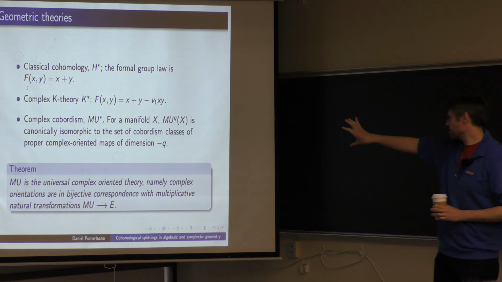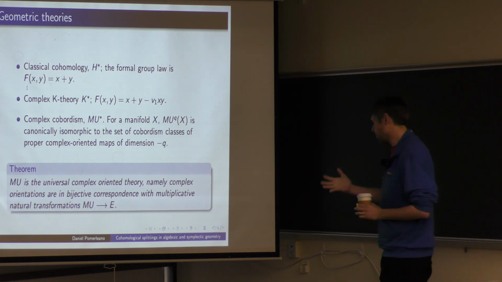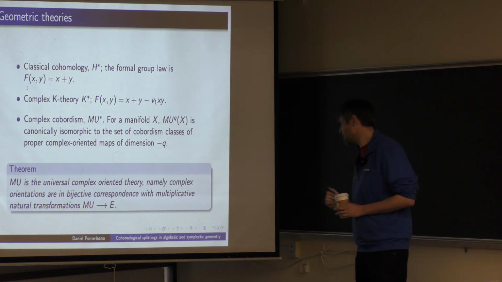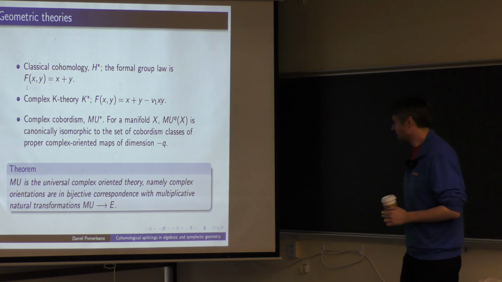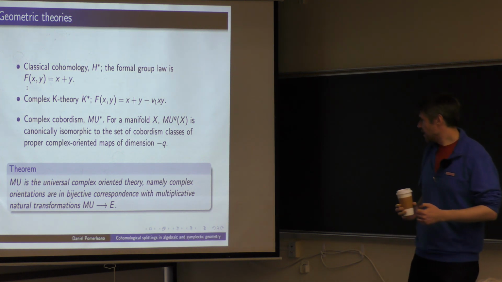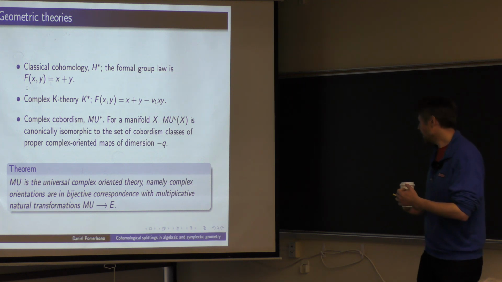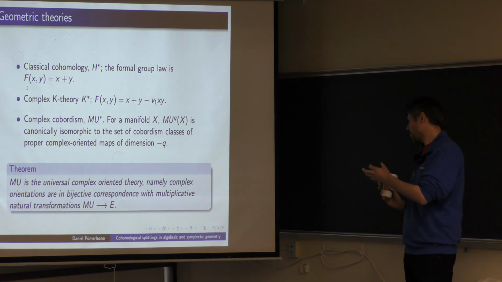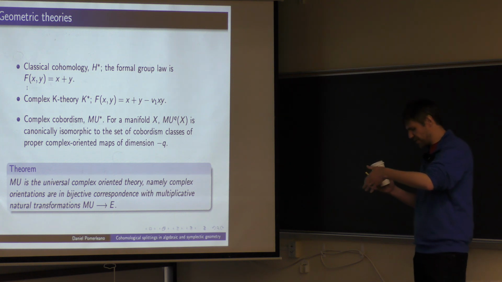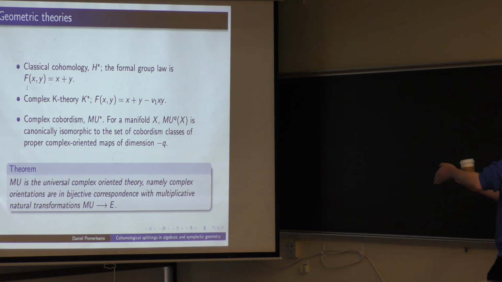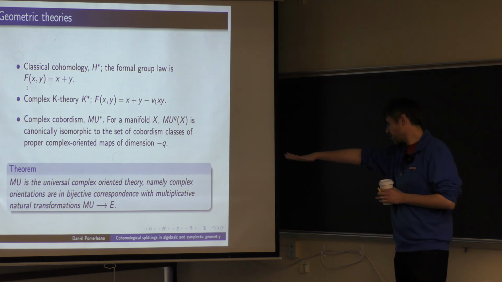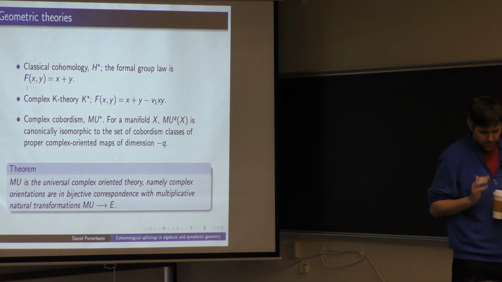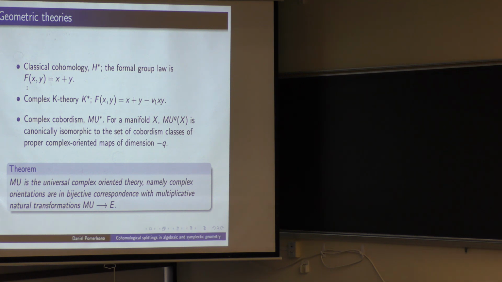Quillen's early theorem proved that complex cobordism is the universal complex-oriented theory. So choosing complex orientations gives you multiplicative natural transformations from complex cobordism to whatever your complex-oriented theory is.